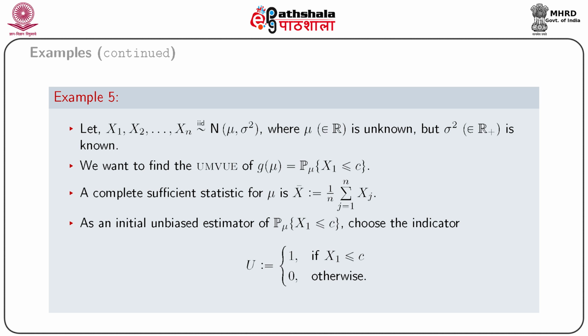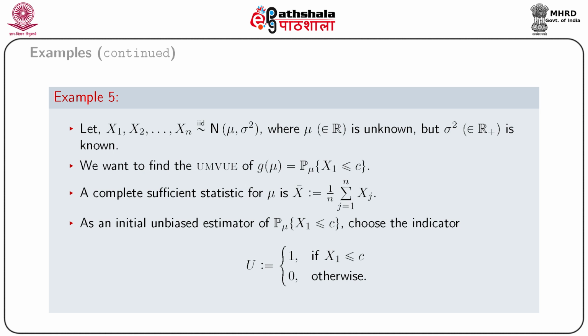The complete sufficient statistic for mu is X bar, which is equal to 1 by n into the summation over i from 1 to n of Xi. An unbiased estimator of pi c can be constructed as follows.